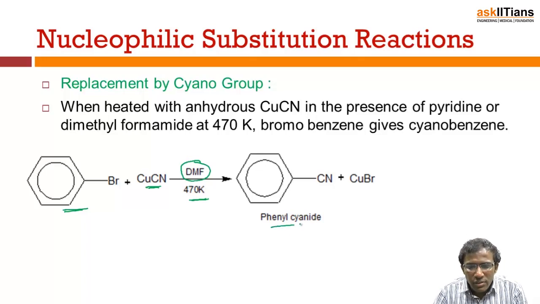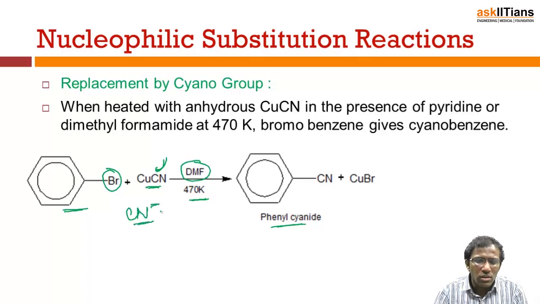We end up with phenyl cyanide as the substituted product, where the bromine is replaced by the nucleophile, CN minus. So it is a nucleophilic substitution reaction. The bromobenzene gives phenyl cyanide, also known as cyanobenzene.